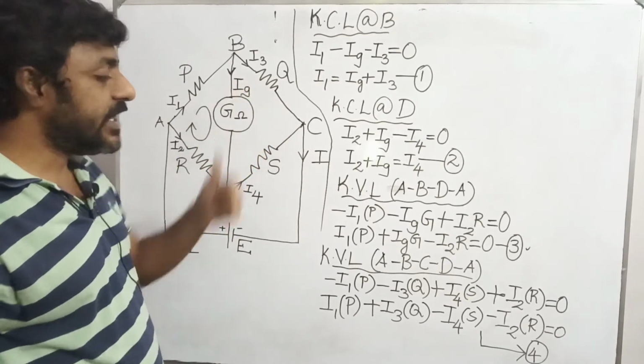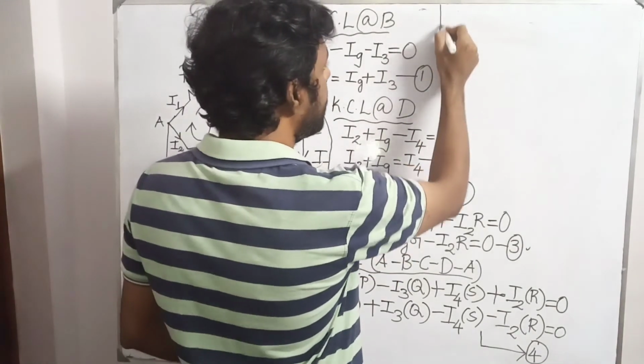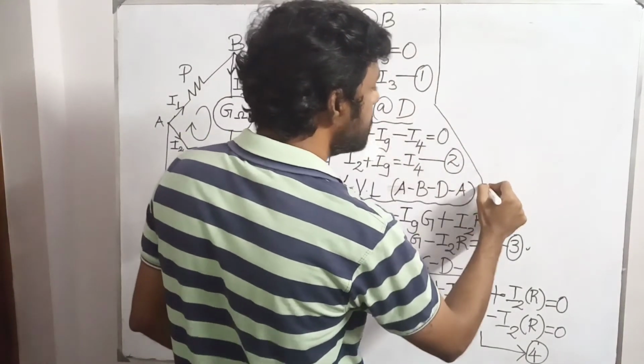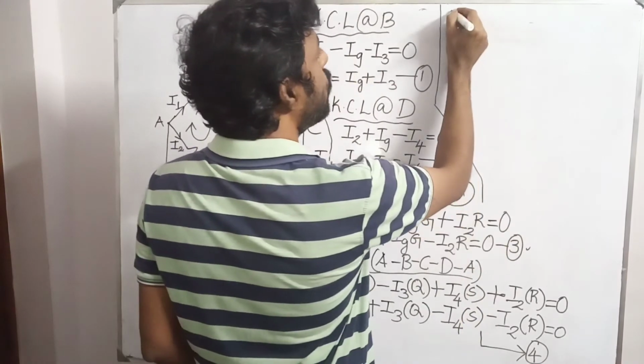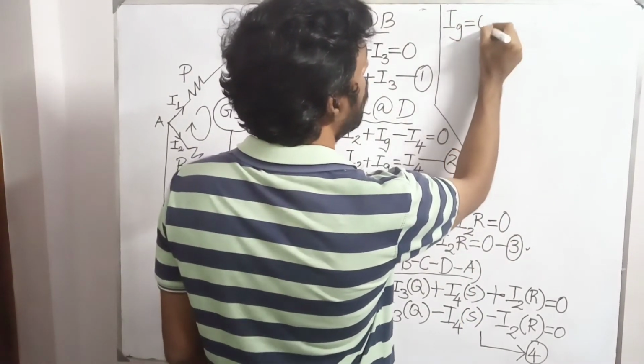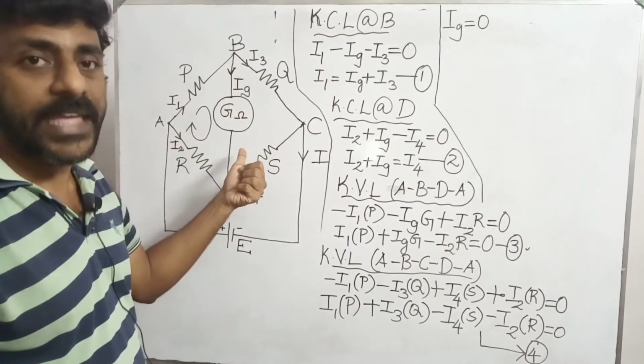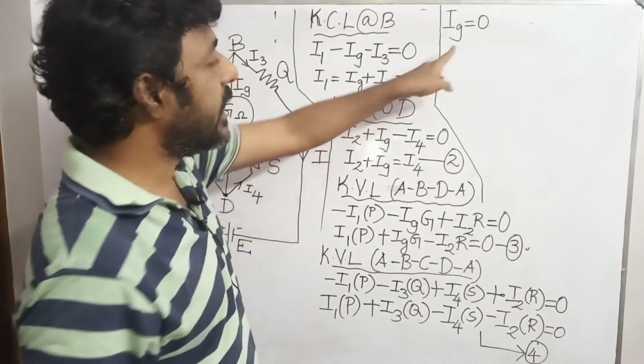Considering that case, we need to put Ig equal to 0, because there is no flow of current through the galvanometer, right? So Ig equal to 0.